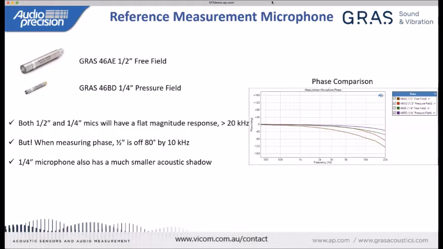And in particular, the phase response of a half-inch microphone begins drooping significantly in just 2 or 3 kilohertz, as you can see in the attached chart. So one advantage of the 1/4-inch microphone is if I want to measure phase relative to my reference microphone, the reference that I'm using will be better if it's a smaller microphone.